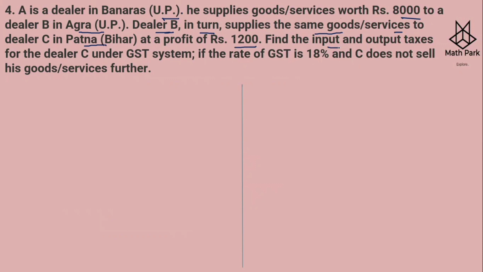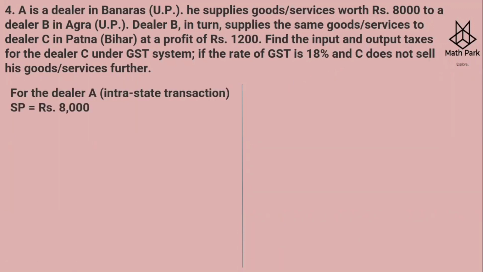Find the input and output taxes for dealer C under the GST system, if the rate of GST is 18% and C does not sell his goods or services further. Since it is within the state, for dealer A, that is an intra-state transaction, the selling price is rupees 8,000.